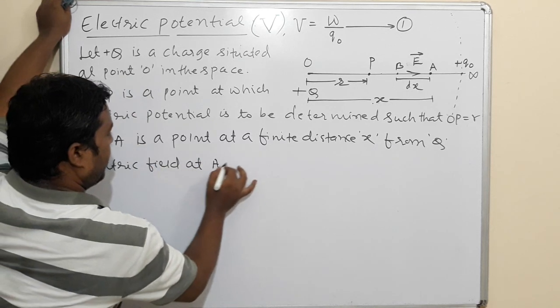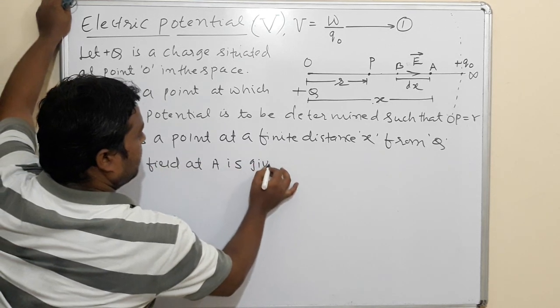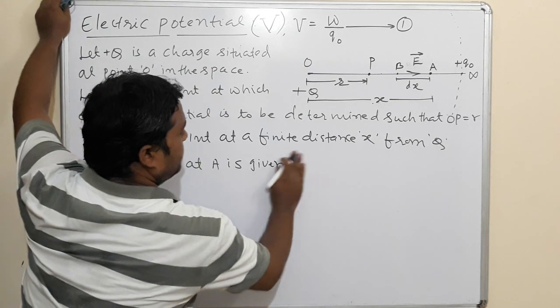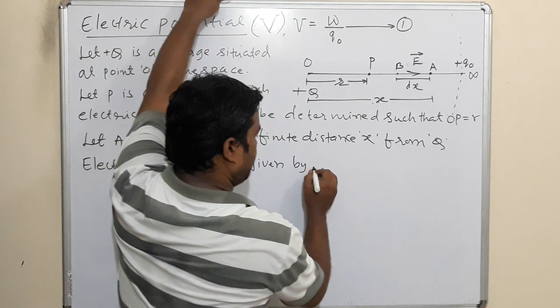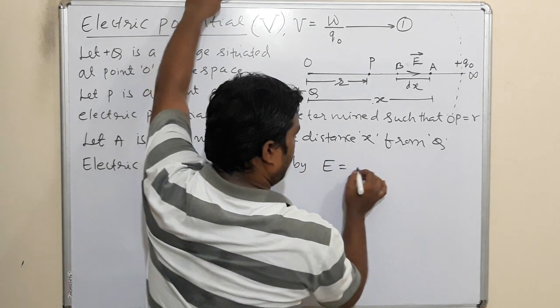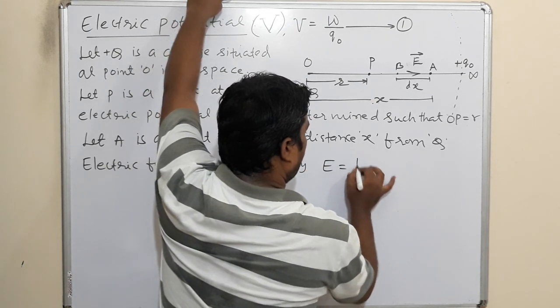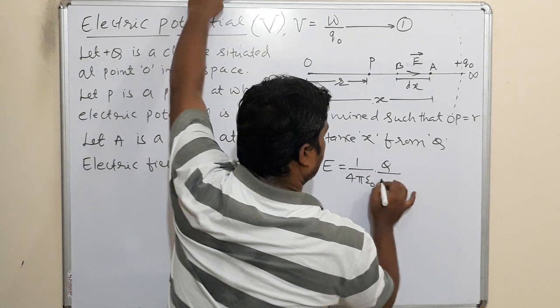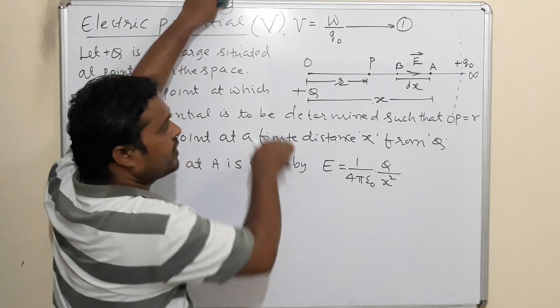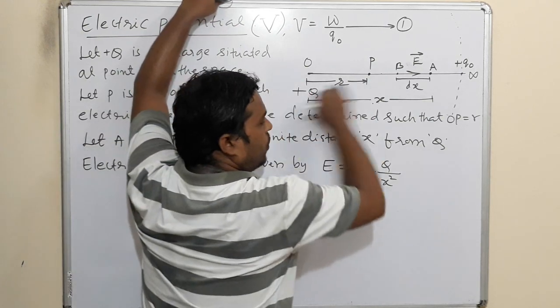Electric field at A is given by, what is the distance of A from this Q? x. Then E will be equal to 1 by 4 pi epsilon naught times Q divided by x square, acting along OA like this.